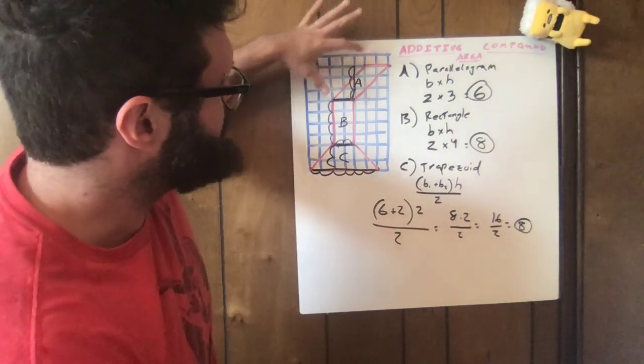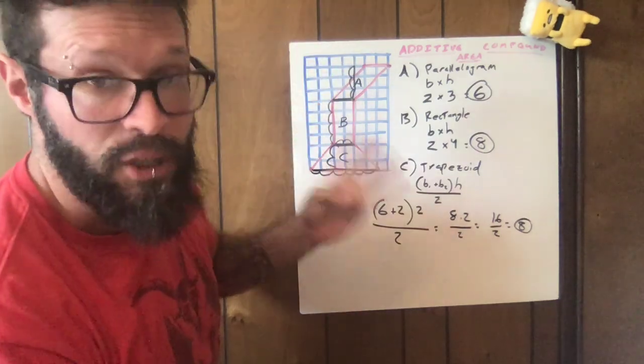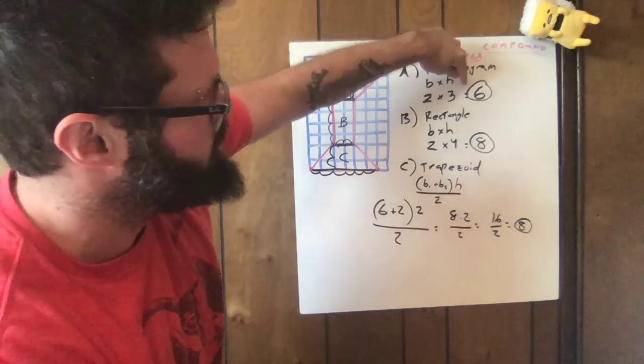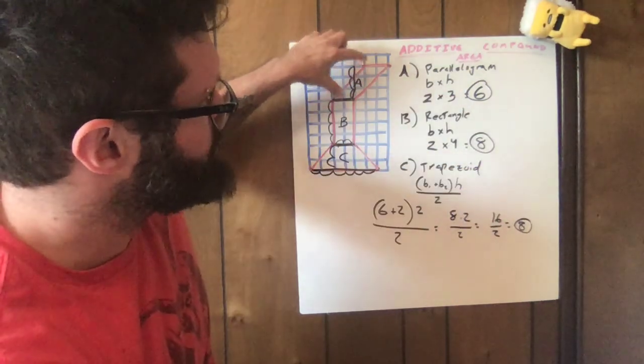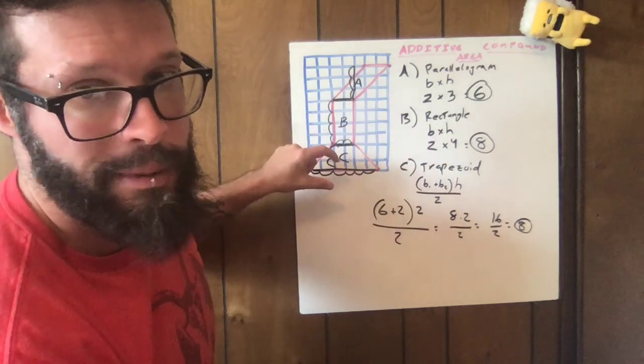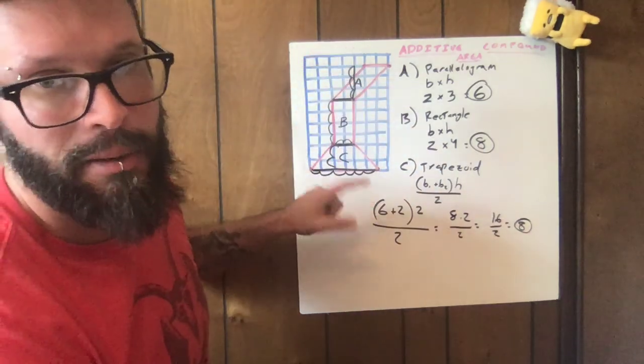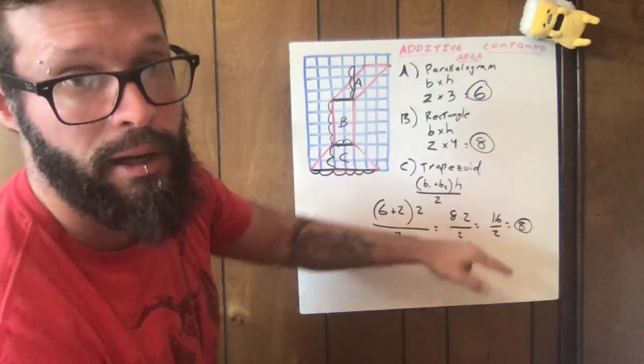Sure. We split into 3 smaller shapes. Individually, those 3 shapes had areas of 6, 8, and 8. Okay? Because this bigger shape is made out of these 3 smaller shapes, the bigger shape's area is also made out of these 3 individual areas.